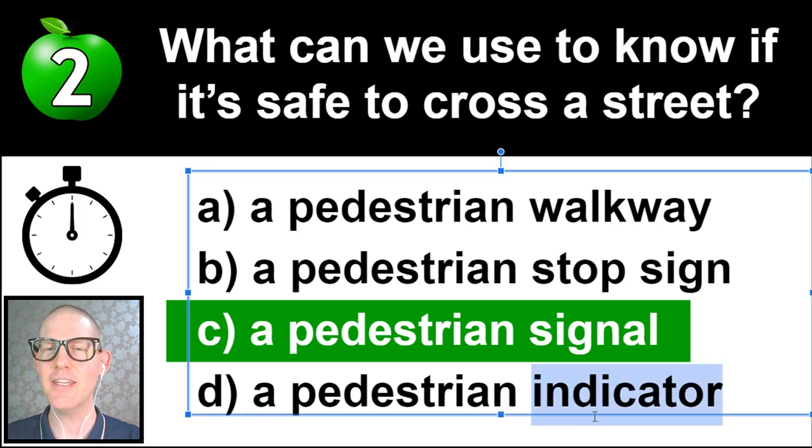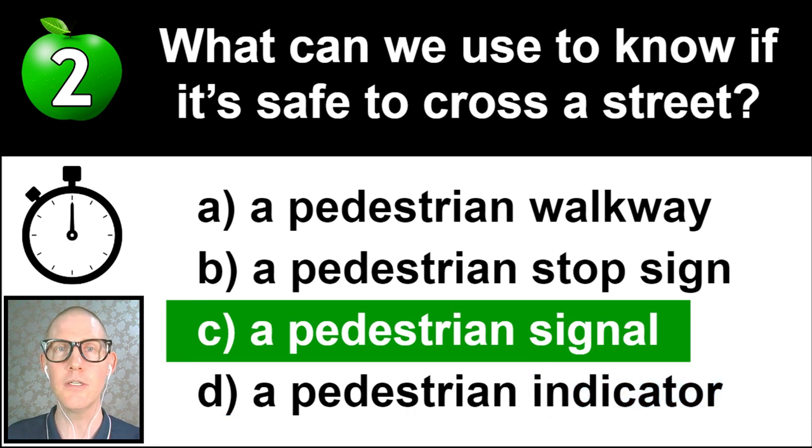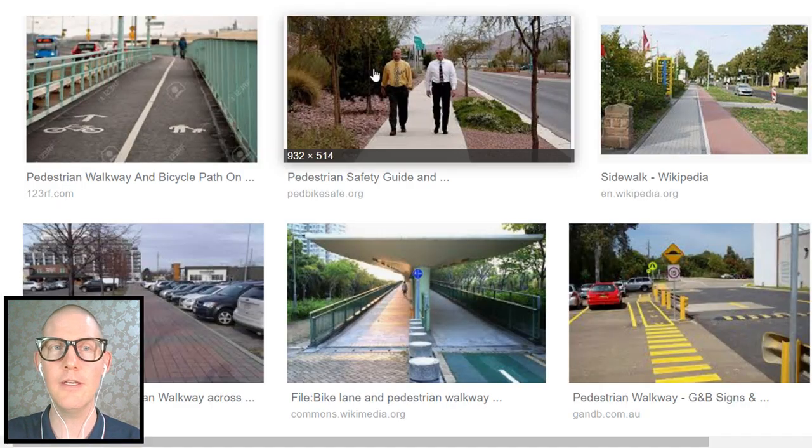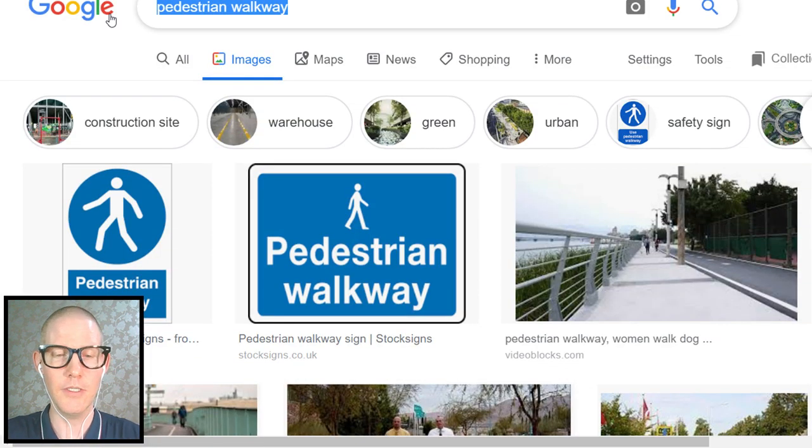No. Indicator is just something that shows you that something else is happening, right? Like when you turn on the turn signals in your car, the light flashes to let you know that someone is turning. So let's take a look. This is an example of an indicator.